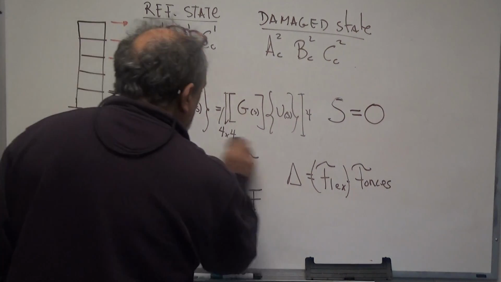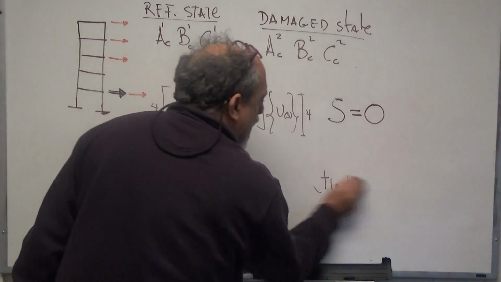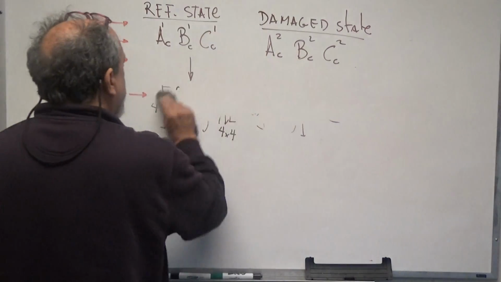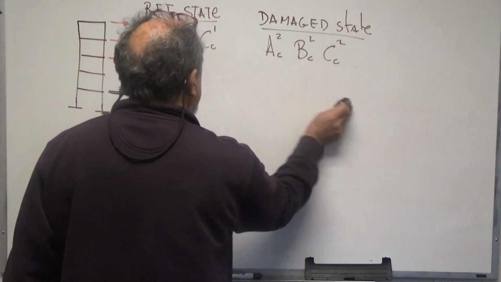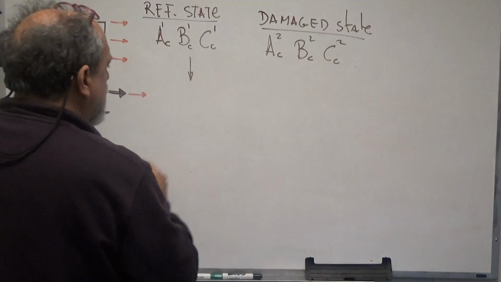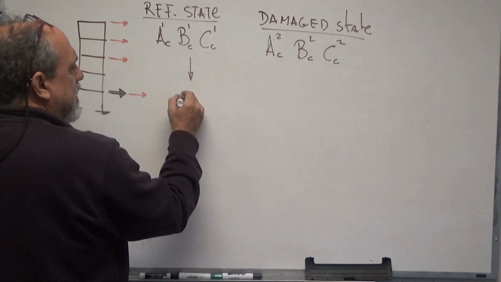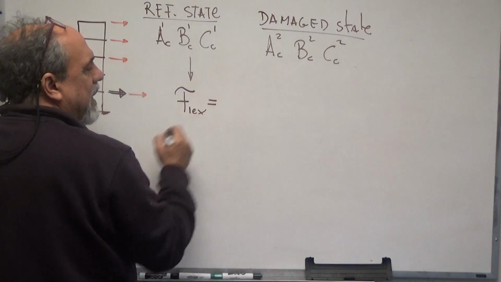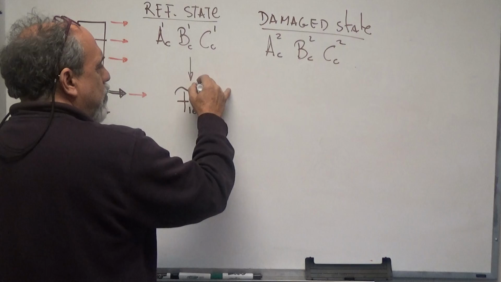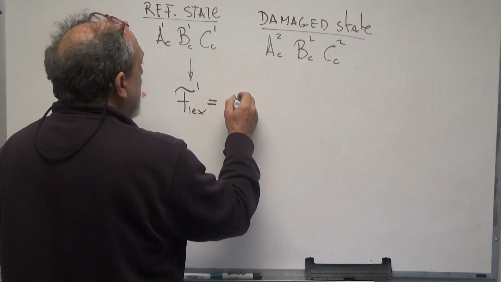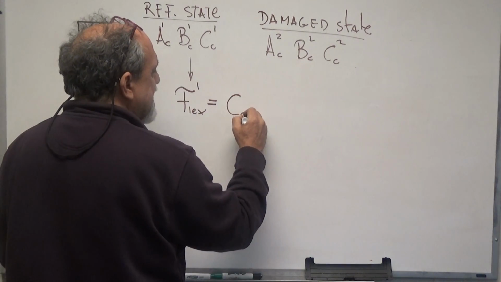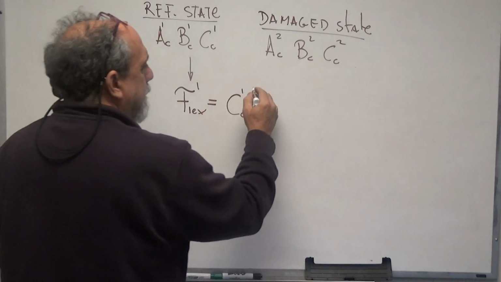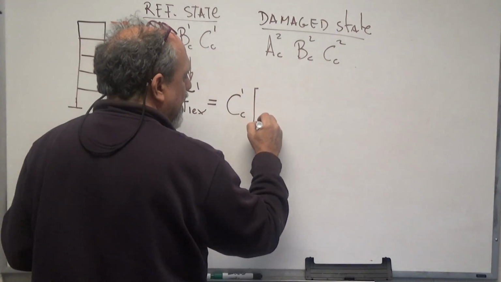All right? So, with that in mind, that the transfer matrix evaluated at s equal to 0 is the flexibility, we can now see that the flexibility matrix in state 1 is just going to be C C1 times what?